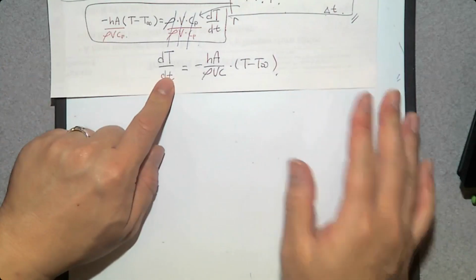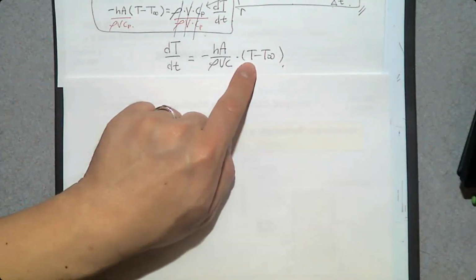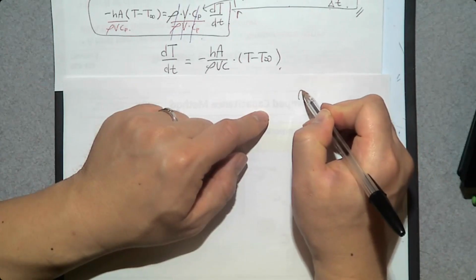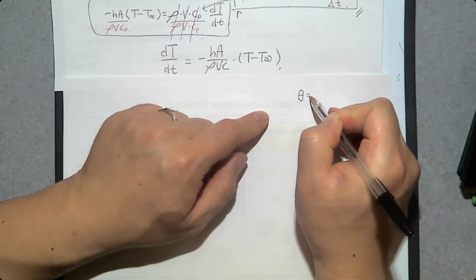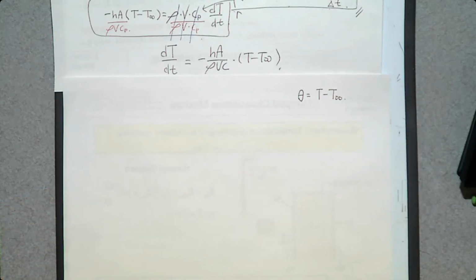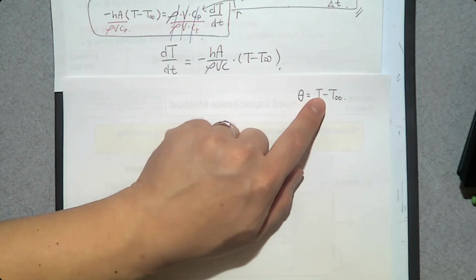Can you solve it as is? No, but you can replace this T with theta. So I'm going to say theta is going to be T minus T infinity. Then what is the first derivative of this theta with respect to time?